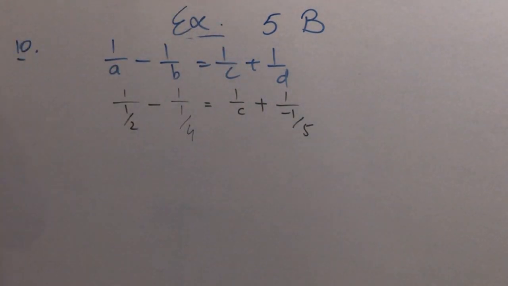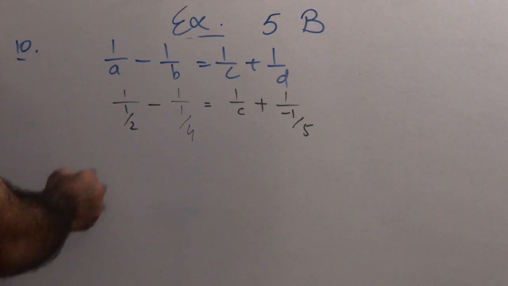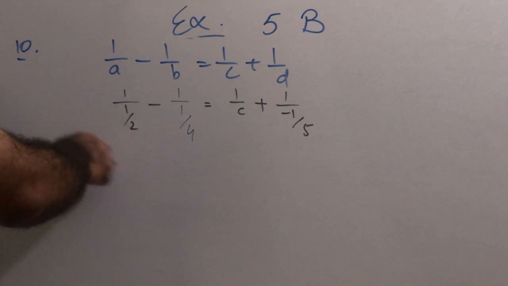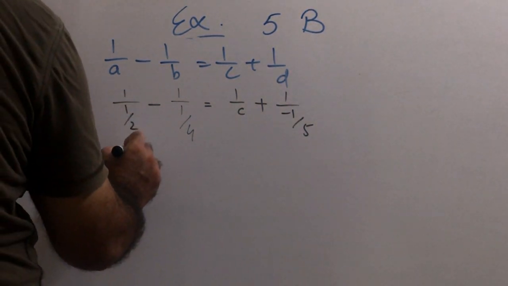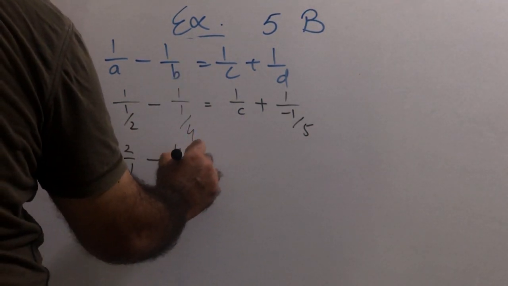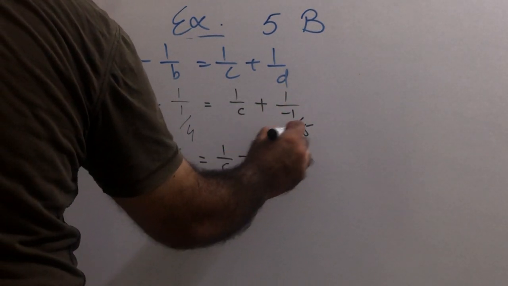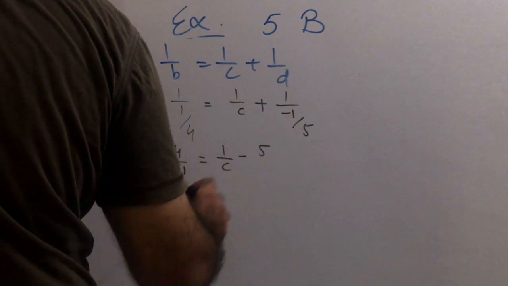How to do it is, when we have 1 divided by 1 over 2, it will be flipped, it goes up like 2 over 1. And 1 over 1 over 4 will be flipped, becoming 4 over 1, is 1 over C, plus minus becomes minus, it will be flipped, it becomes minus 5.